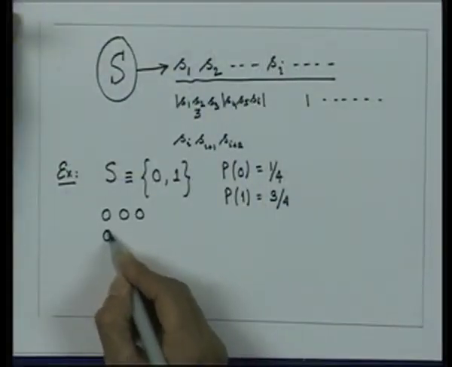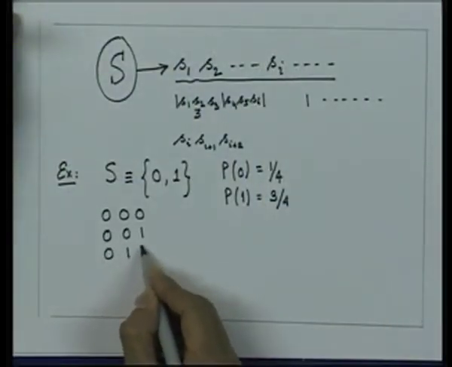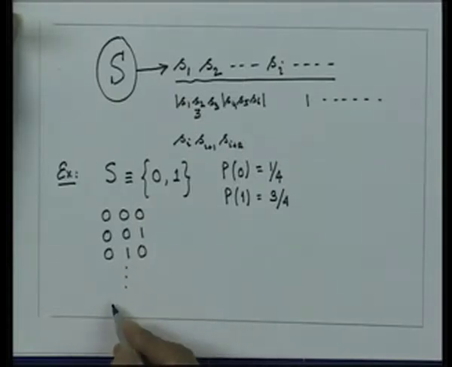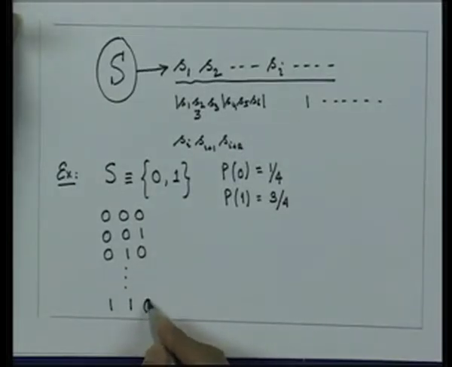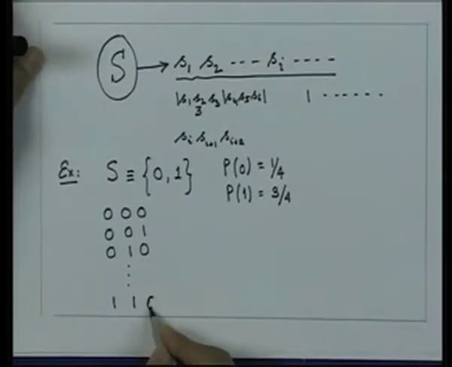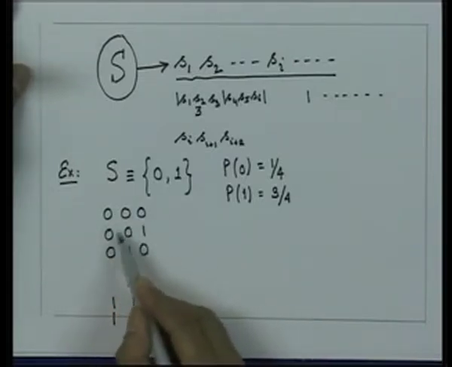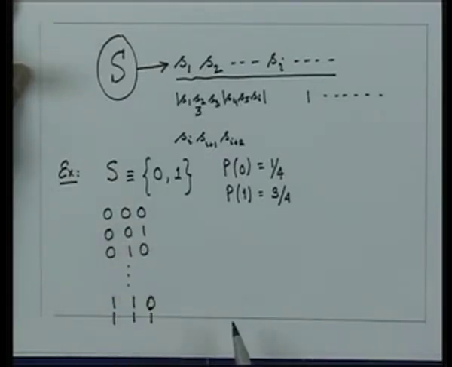The sub messages which I can form from a block of length 3 are 0 0 0, 0 0 1, and so on, up to 1 1 1. These are the messages which I can form from the source S if I look at the output sequence in terms of blocks of 3.